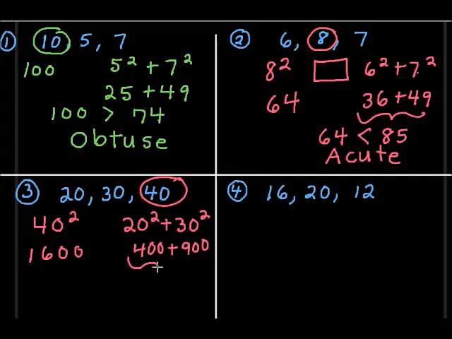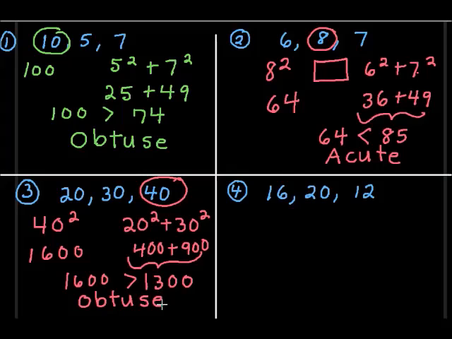When I add those two together, I get a nice 1300. I have 1600 compared to 1300. This largest side is larger than the sum of the squares of the other two. That makes that triangle obtuse.